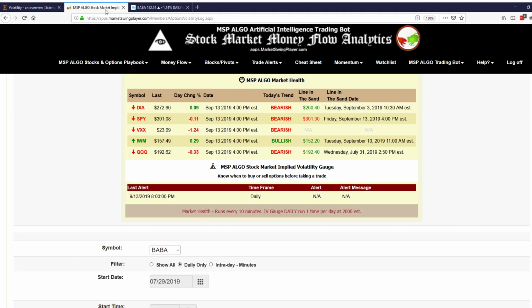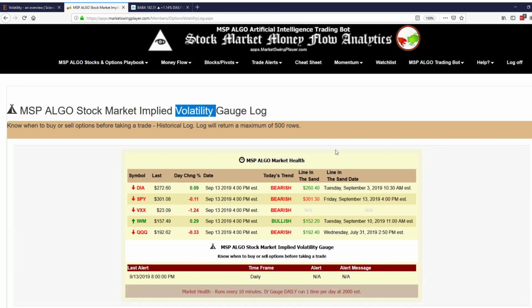Okay, so what we're going to do is we have another strategy that we're going to trade utilizing, called MSP Algo Stock Market Implied Volatility Gauge Log.